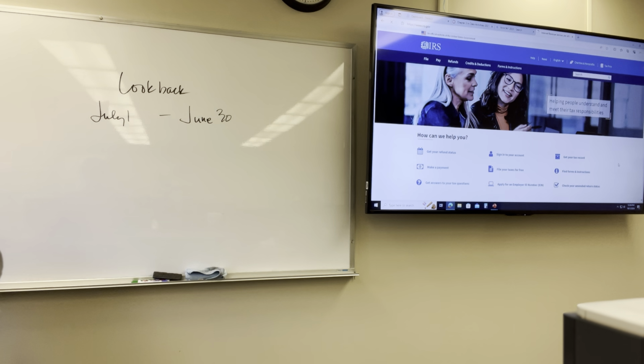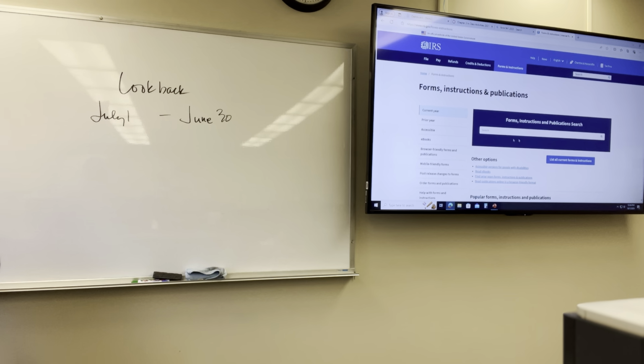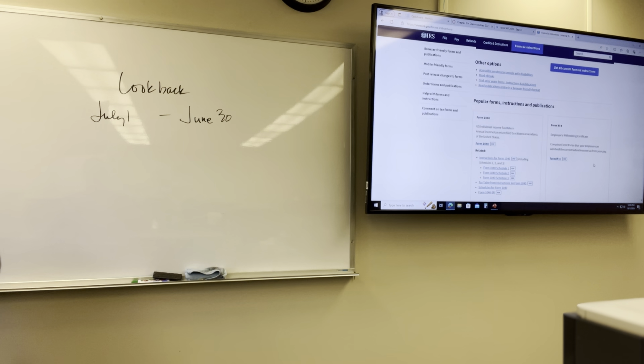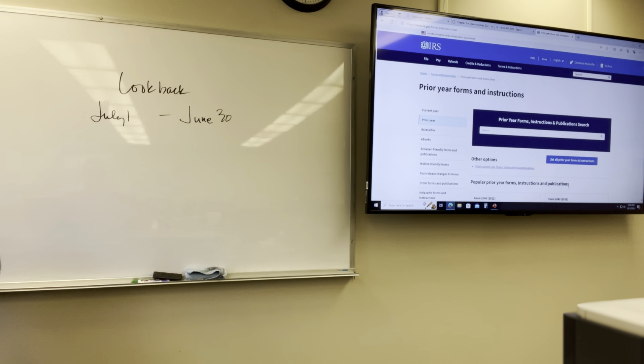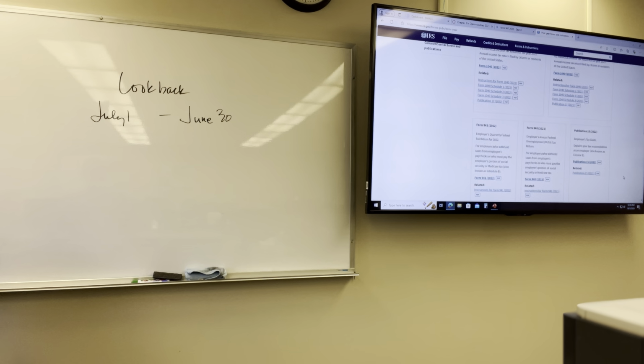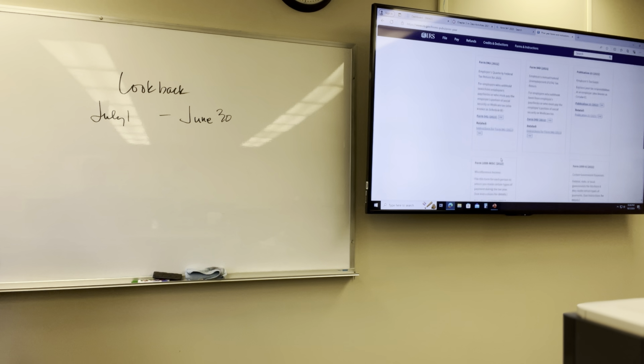This is the IRS website, by the way. Find forms and instructions. Current forms, I want prior year. Here we go. 941.